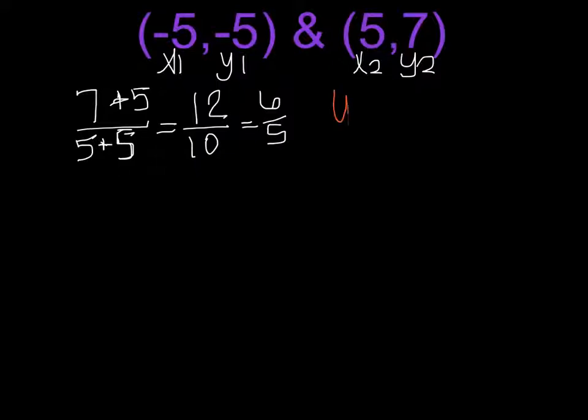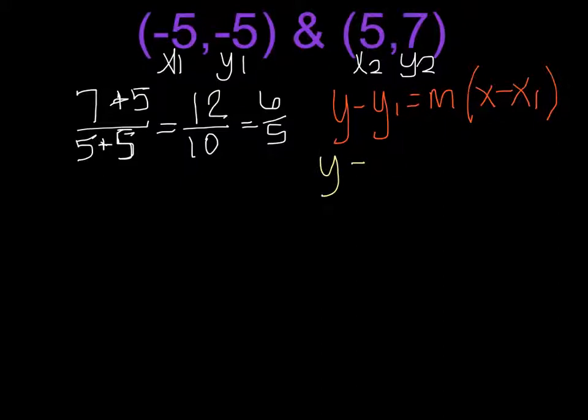Now we'll plug it in to our point-slope formula. Y minus y1 is equal to m times x minus x1. Y minus a negative 5, so minus a negative changes to plus, so plus 5, equals our slope, which is 6 over 5, times x minus a negative 5 again, so plus 5.